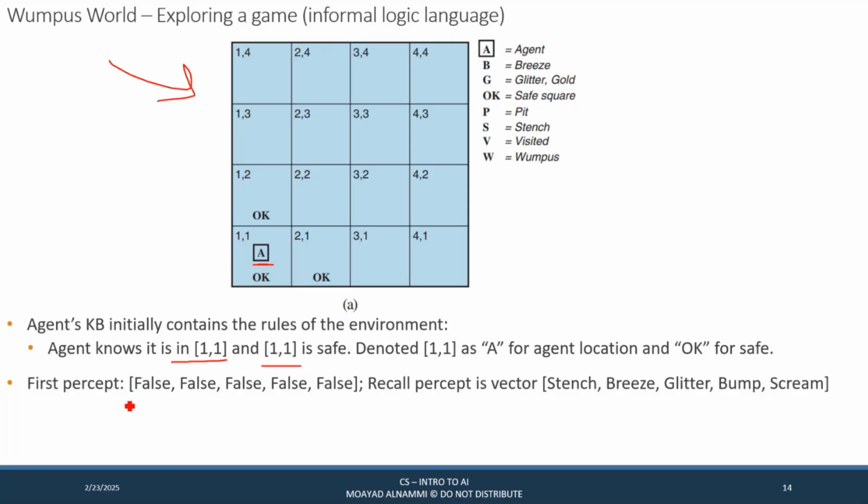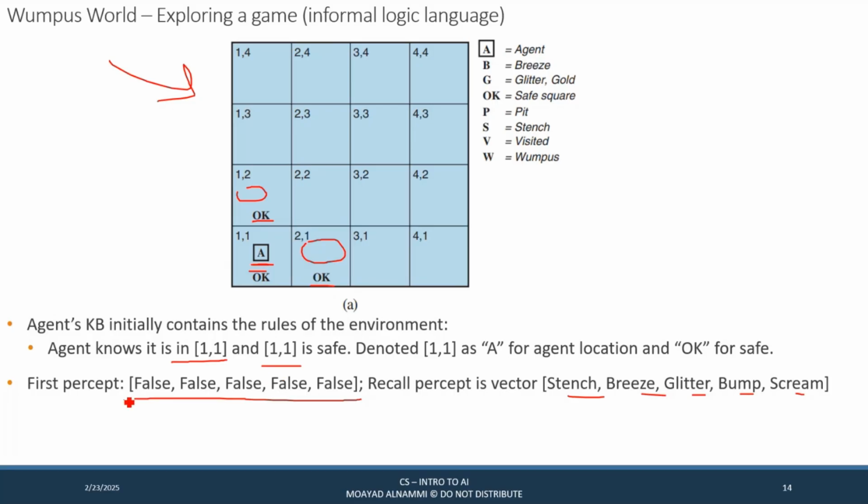When he's in 1-1, he receives the following first percepts: false, false, false, false, right? Because he receives false for stench, breeze, glitter, bump, and scream, he doesn't sense any stench, he doesn't sense any breeze, he doesn't sense any glitter. That tells him that these locations 1-2 and 2-1 are clear. They're good and safe, right?